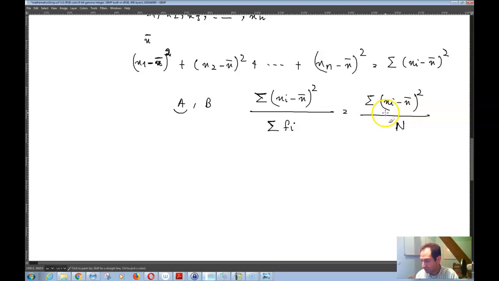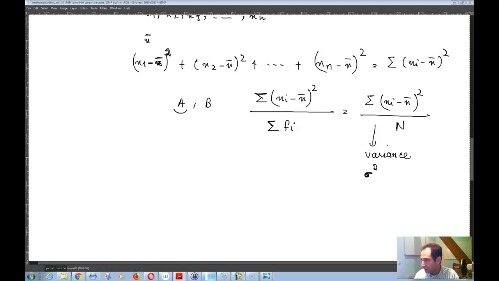This number, that is the mean of the squares of the deviations from the mean, is called the variance. We call this the variance, and we denoted this by sigma squared.